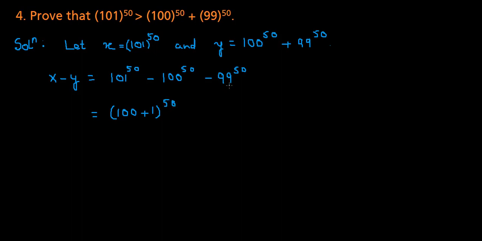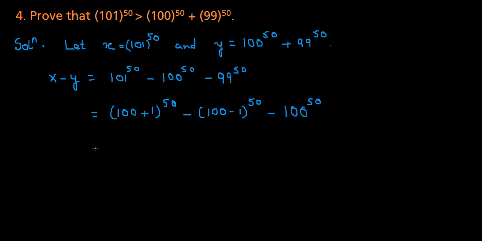In the second term, I'm going to use the third term. I should have written it before, so I'm going to write it here as 100 minus 1 raised to the power of 50. And I'm writing the second term in the third term in this particular case, so no changes here.